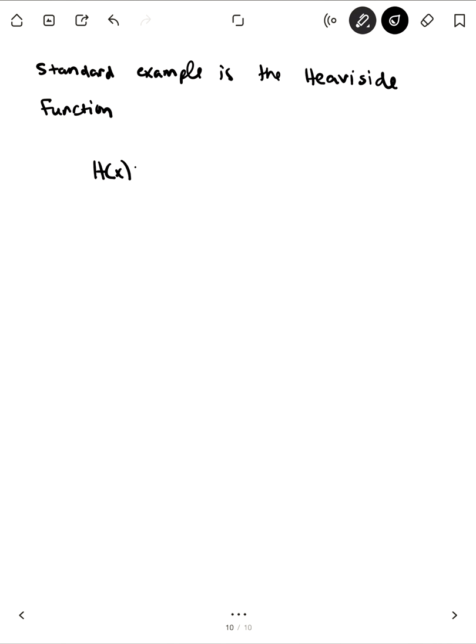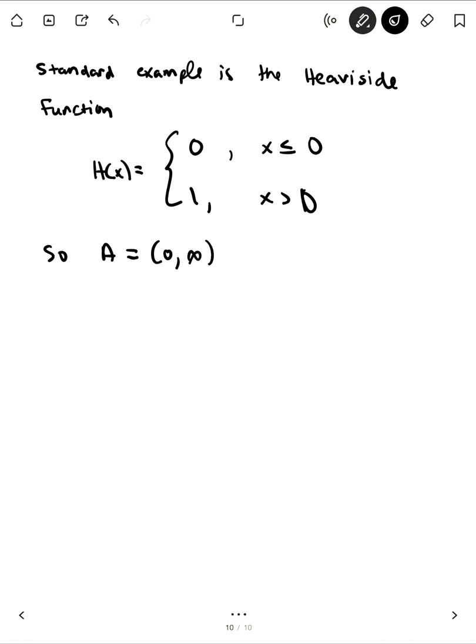H of x equals 0 for x less than or equal to 0, and 1 for x bigger than 0. So A in this example would be 0 to infinity, and the universe is the real numbers.